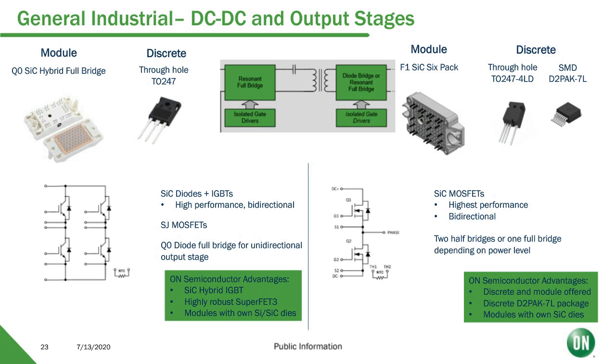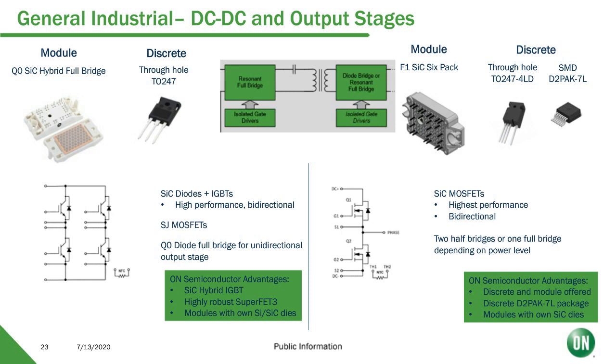This is where we have actually developed some devices that we call discrete hybrids, where the co-packaged diode with the IGBT is a silicon carbide diode rather than a silicon diode. And then lastly, similar to before, if you need the highest performance, using full silicon carbide MOSFETs, whether in a half bridge, full bridge, or a six-pack configuration, is a solution there.